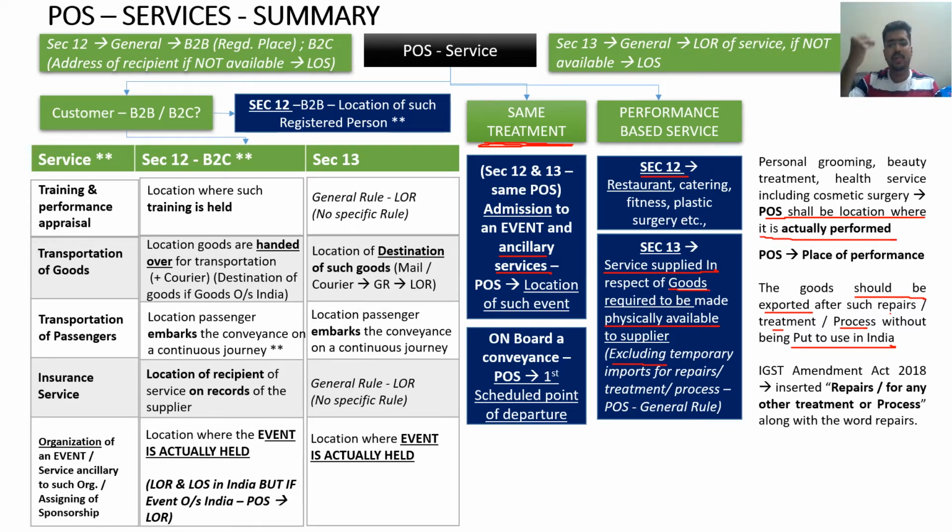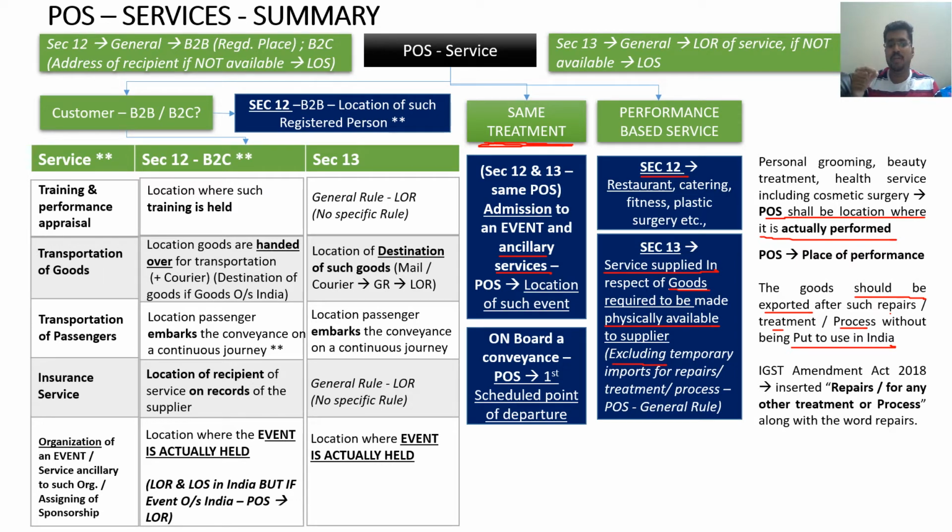So you are billing for this and you're realizing in foreign currency. Now, if you go and see the export of service provisions and you are providing repair service, one important condition is the place of supply should be outside India, my friends. But if this particular exclusion was not there, what would have happened?